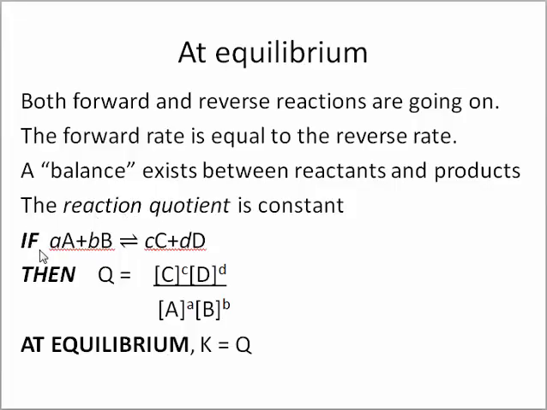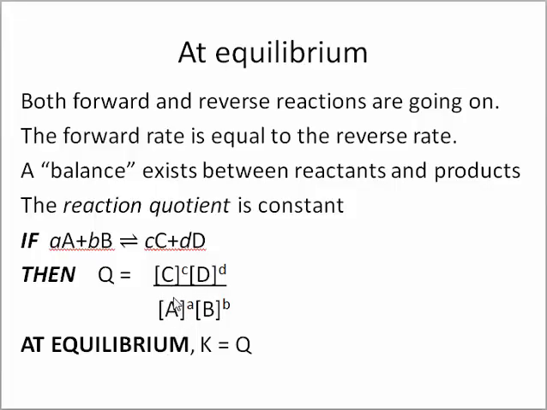For any reaction, if big A and big B react to make big C and big D, and the numbers in the balanced chemical equation are the small letters a, b, c, and d, the reaction quotient is an expression in which concentrations of products appear in the numerator, and here we see brackets used to represent molar concentrations, raised to their stoichiometric coefficients.